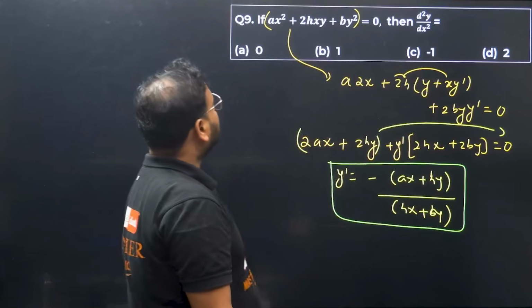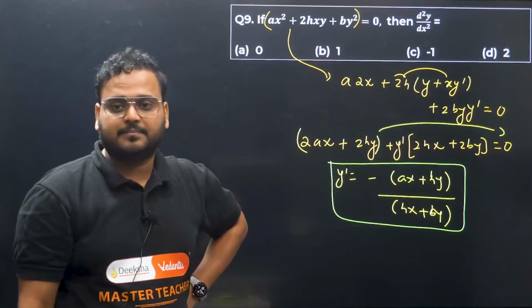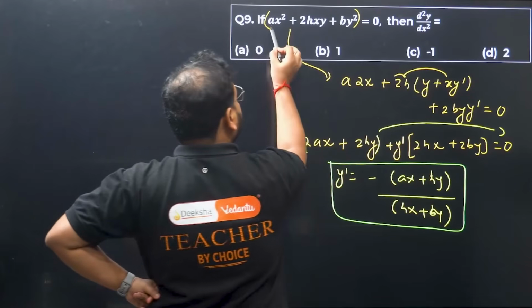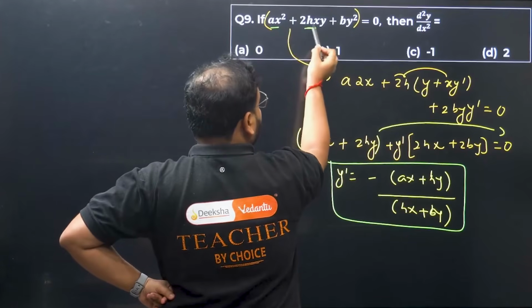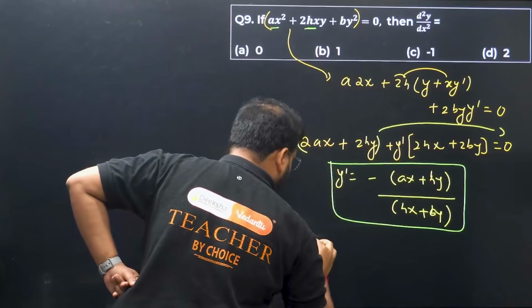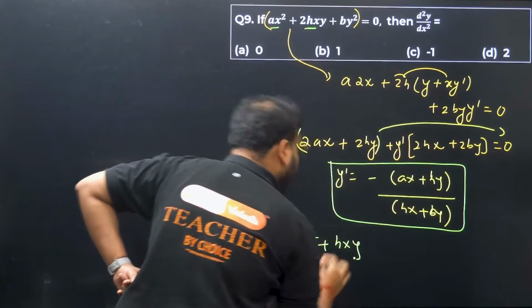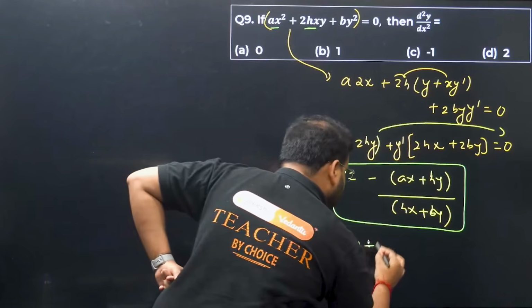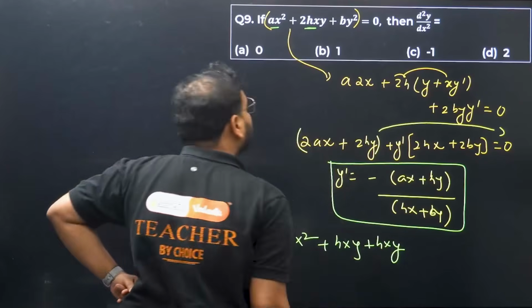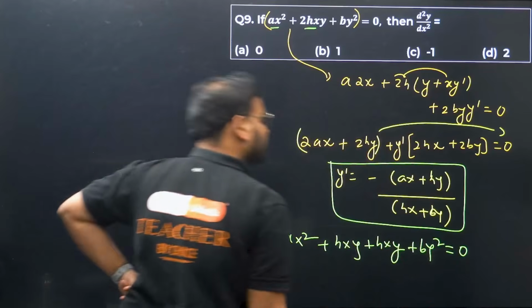Have a look. So if I can get a relation between x and y, I'll tell you. Check here, we have ax square, we have hxy, but twice of that is there. Let me break this once for you. Right here, ax square plus hxy, right, and plus hxy plus by square equal to 0.